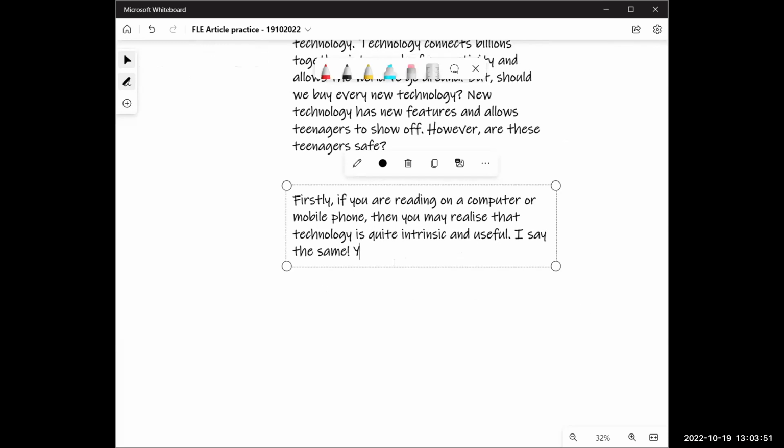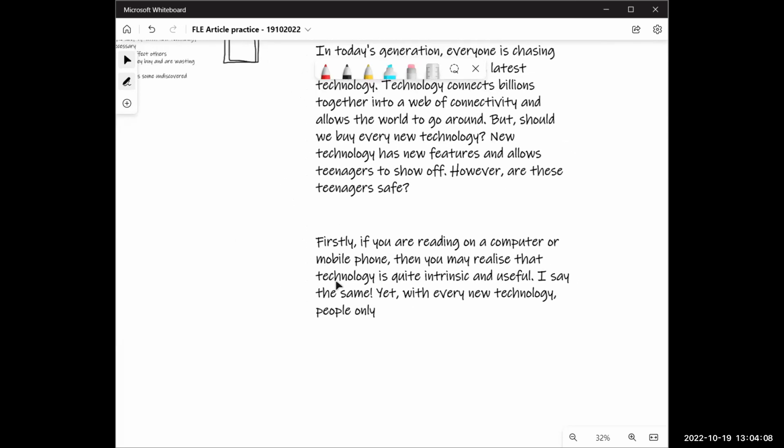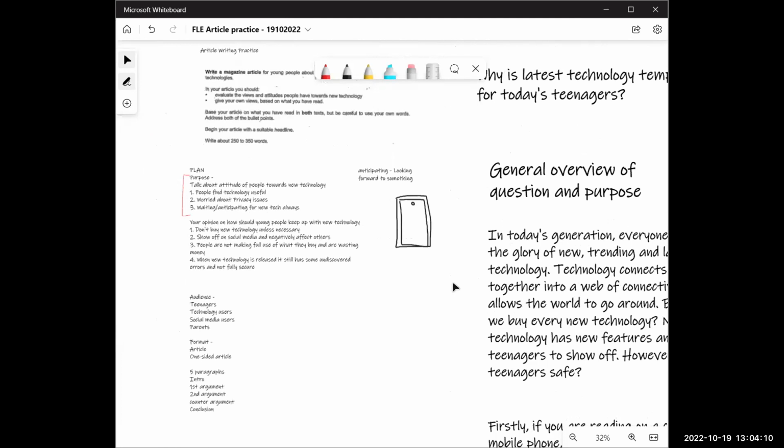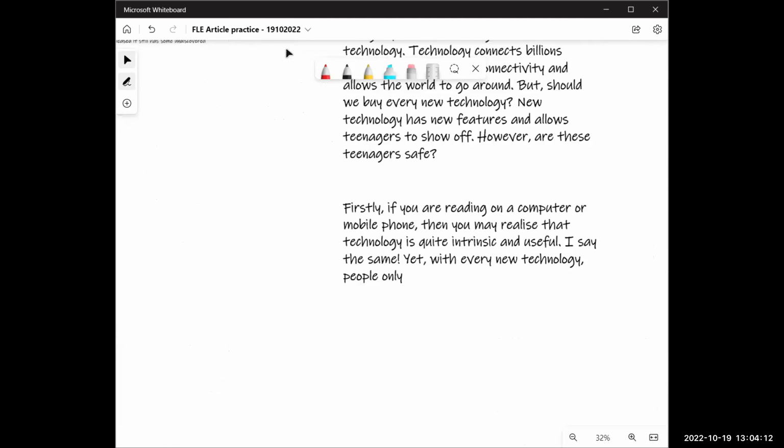Yet, with every new technology, people only tell. All right, Rachit. Now to continue from here, we look at the points people find useful.